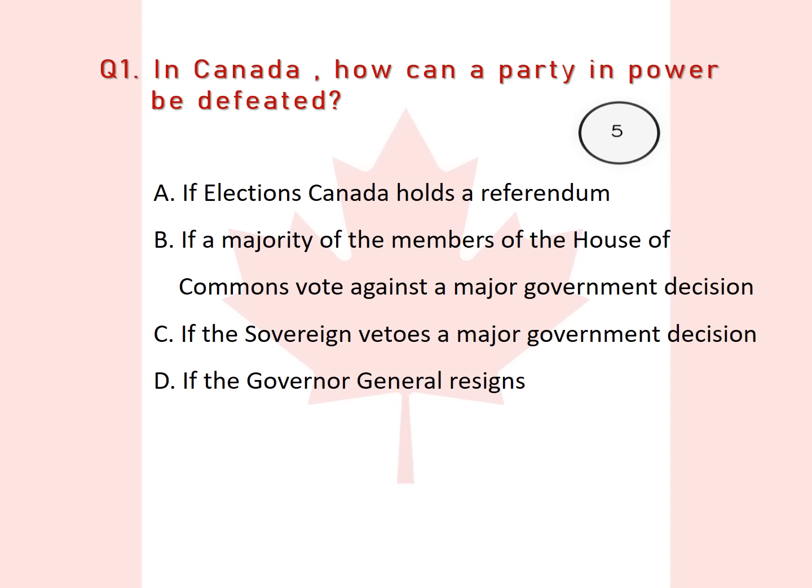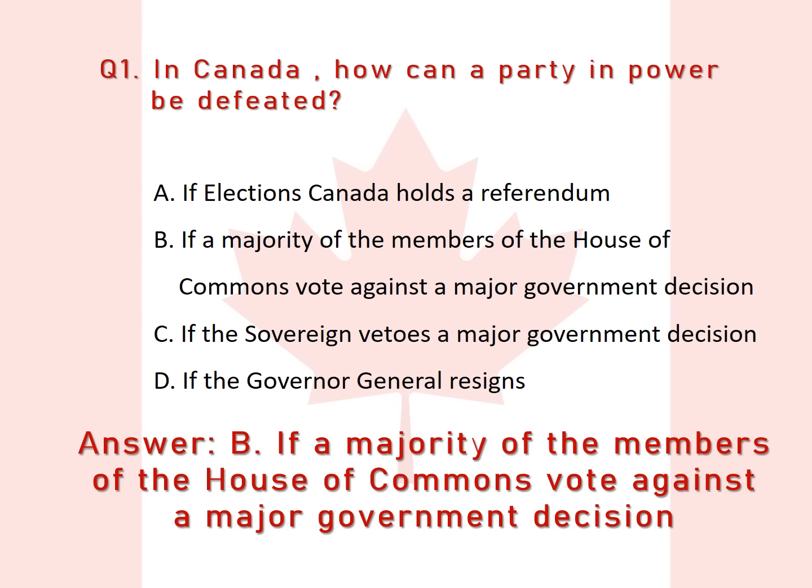Option D. If the Governor General resigns. Answer is option B. If a majority of the members of the House of Commons vote against a major government decision.